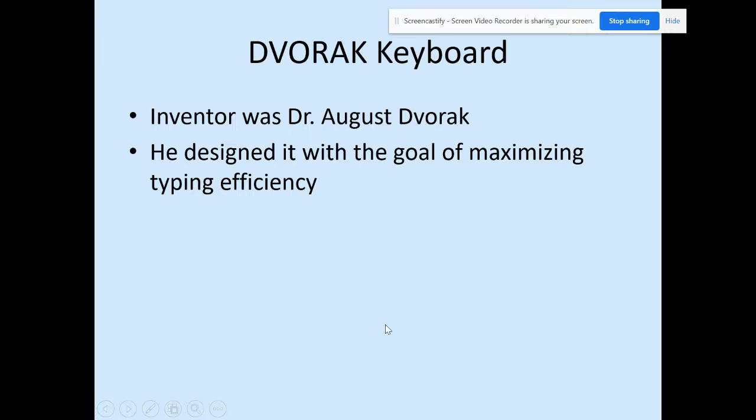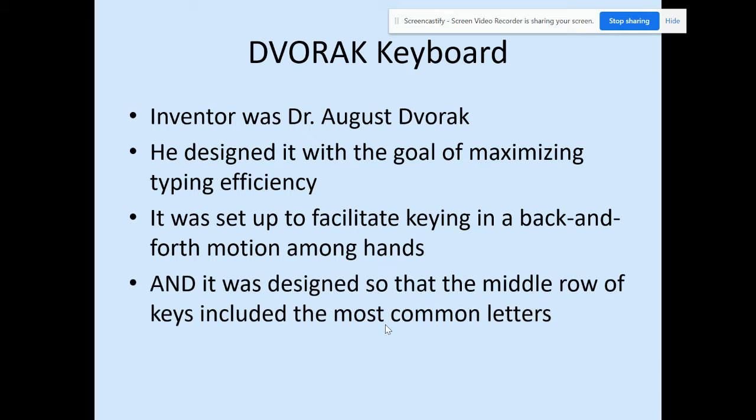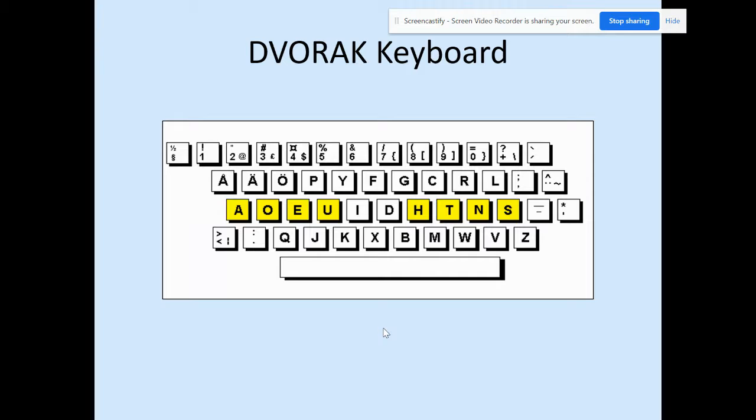He's Dr. August Dvorak, and he wanted to eliminate not only keys jamming, but maximizing typing efficiency. What he found is the QWERTY keyboard wasn't very fast, and he wanted to make it more equal for the left and the right hand. And this was debuted in the 1930s.